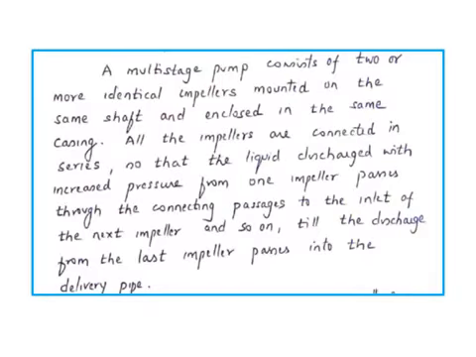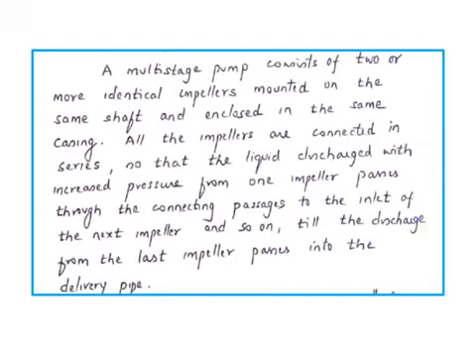All impellers are connected in series, so the same liquid passes from one impeller to another through connecting passages. When it enters the first impeller, it comes out with increased head, then goes through the connecting passage and enters the second impeller and comes out with some more increased head. Like this, as it passes through each impeller, the head increases.